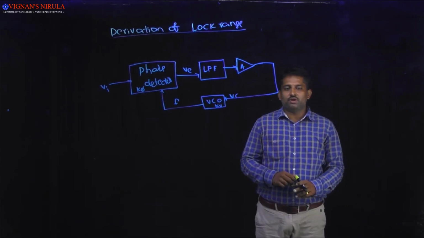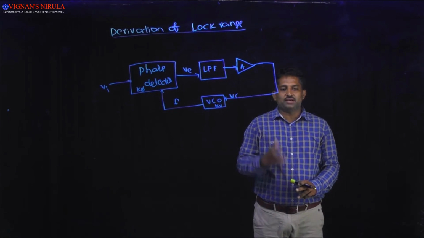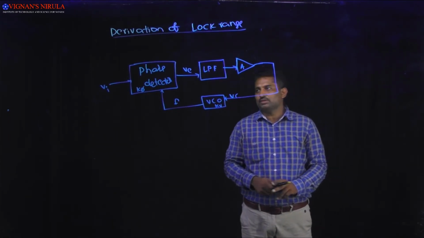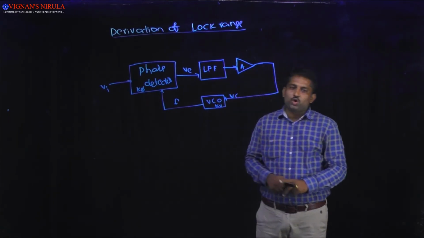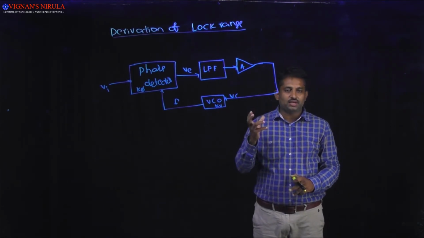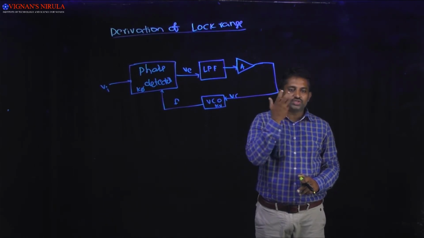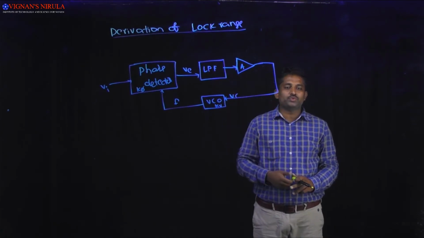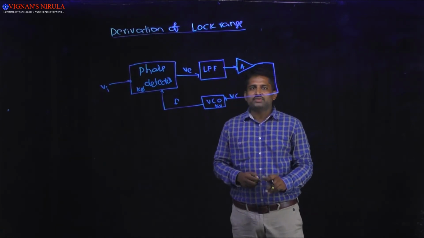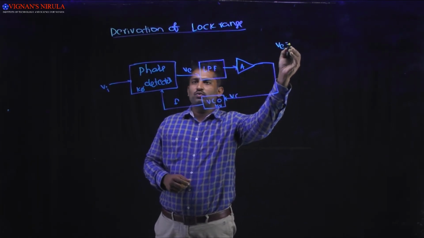Derivation of lock range. This block diagram explains the derivation of lock range. Now, what is the output of the phase detector? The phase detector compares the input frequency and generates an output which is a function of the phase difference between the 2 input signals. Here I am taking the output of the phase detector to be equal to VE.